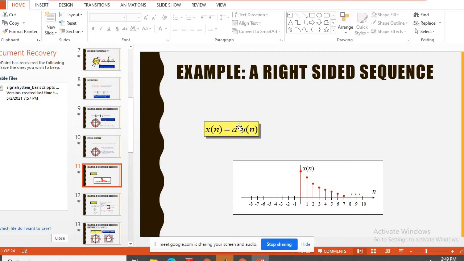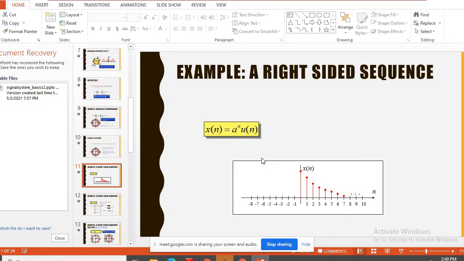So a raised to 0, a raised to 1, a raised to 2, a raised to 3, a raised to 4, a raised to 5, like that. You can have some small number, say 2 raised to 0, 2 raised to 1, 2 raised to 2, 2 raised to 3, 2 raised to 4, like that.